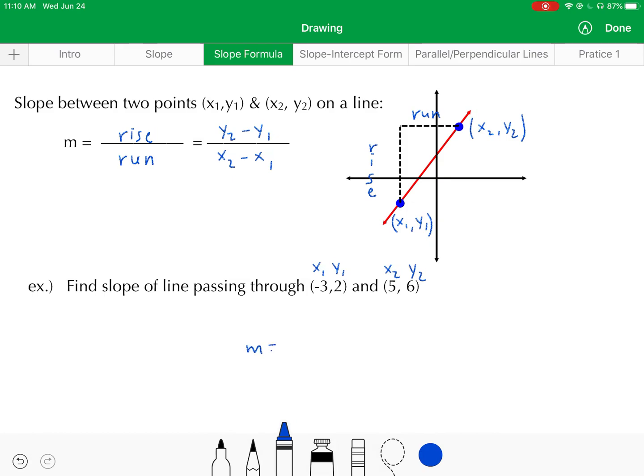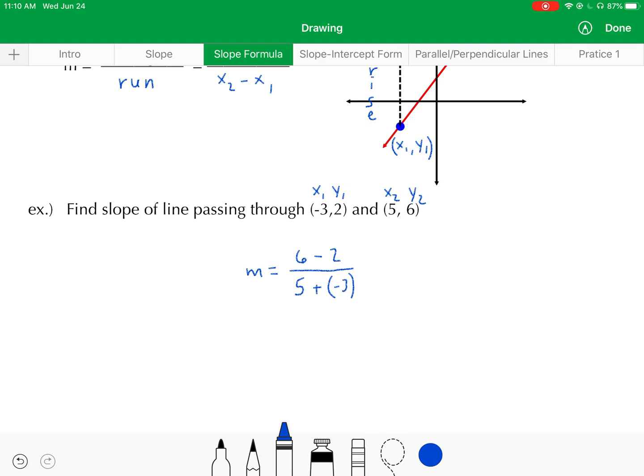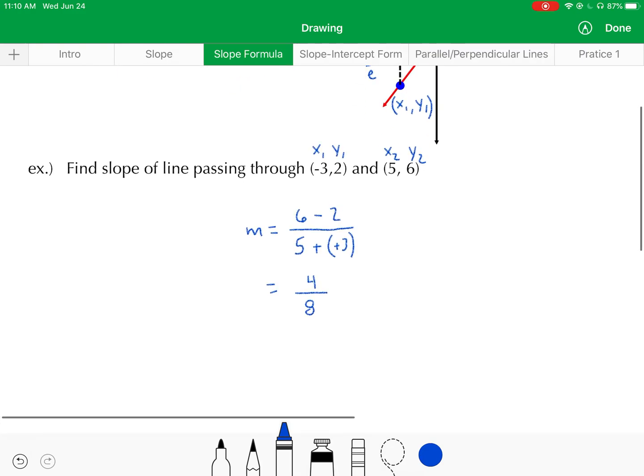So slope of this line, I'll take y sub 2, subtract y sub 1, over x sub 2 minus x sub 1. Of course, we know that's going to turn to addition. I'll end up with 4 over 8. And that reduces, right, to 1/2.